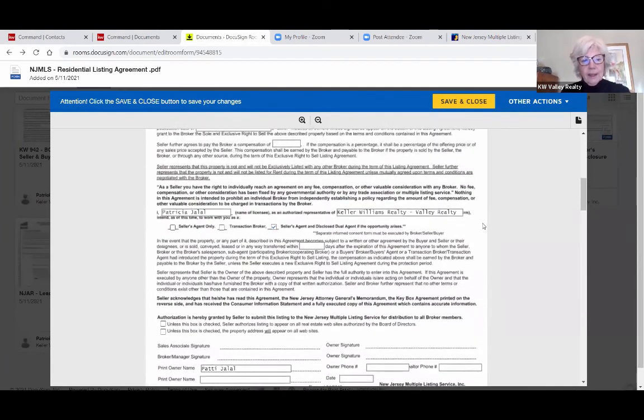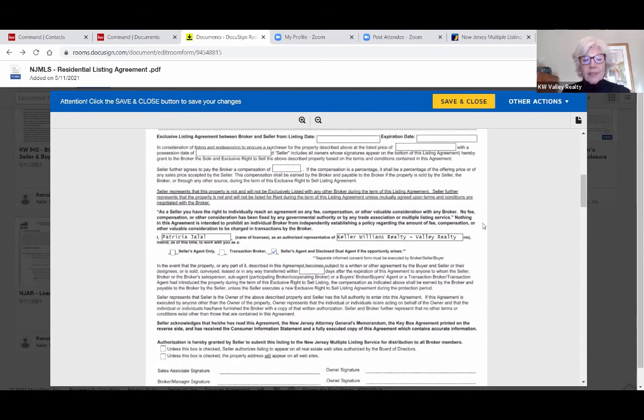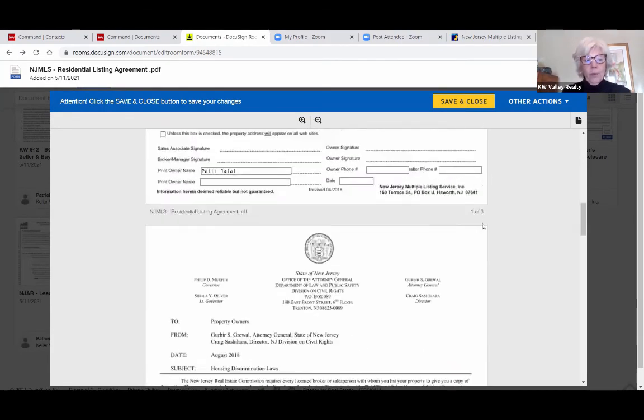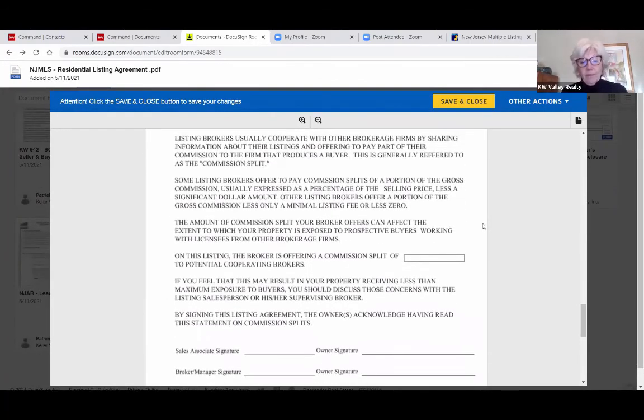But you can see they ask again: list date, expiration date, price, possession, compensation. And then we have the Attorney General memorandum and then the special page. Like I said, there had to have been an issue with NJMLS, because Garden State doesn't have this.